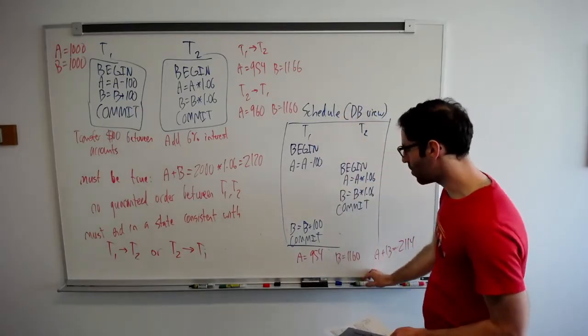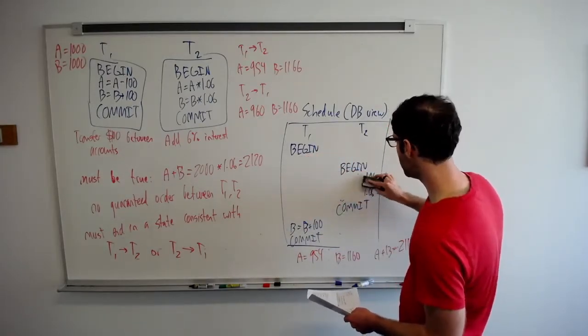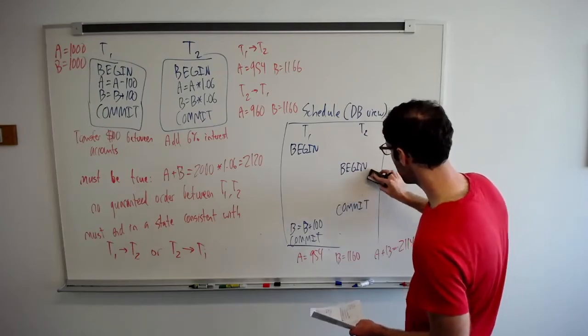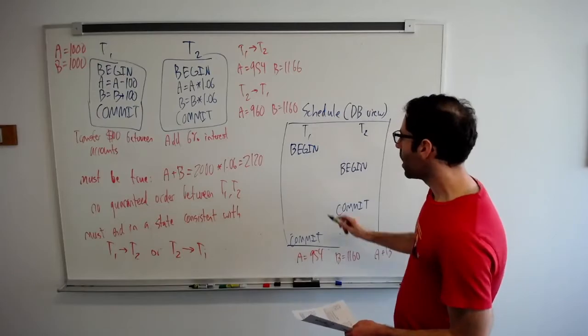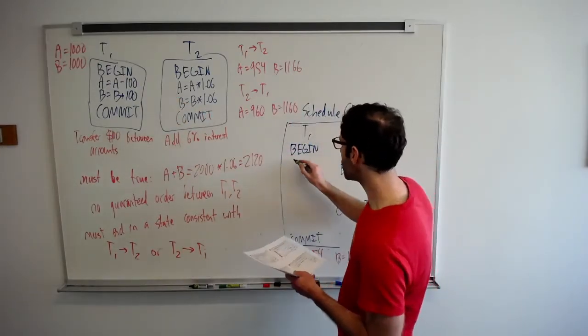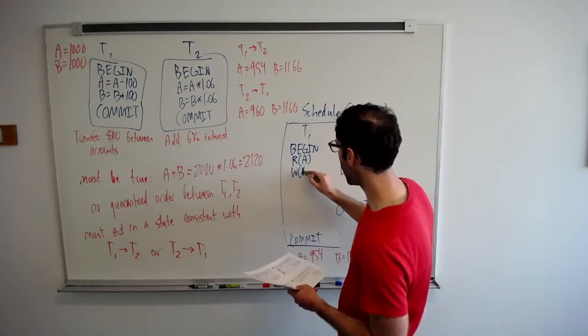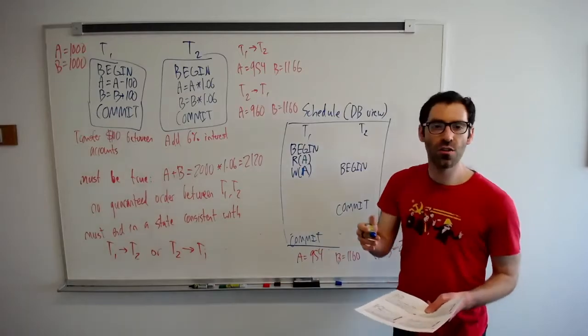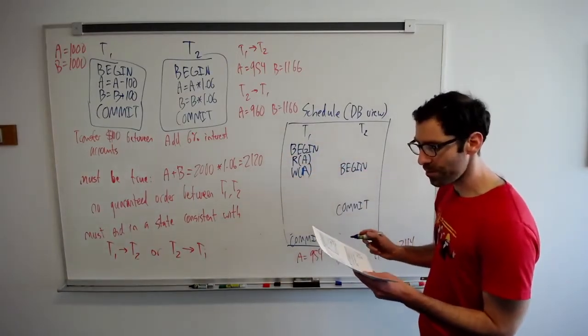So if we switch this over to what the database's view of this is, in order to do A equals A minus 100, it's going to need to read A and then write A. It reads the current value of A, it subtracts 100, it then updates A with the new value.